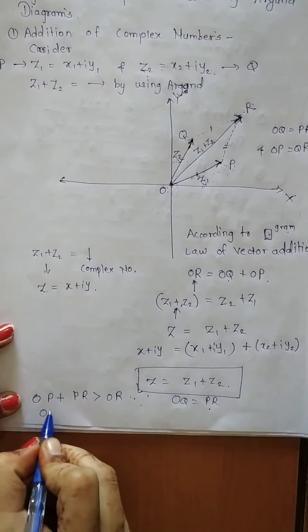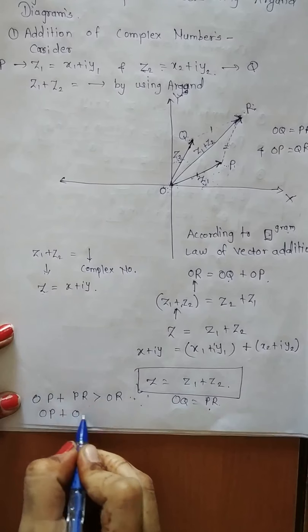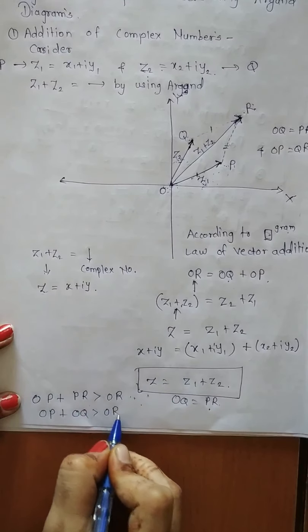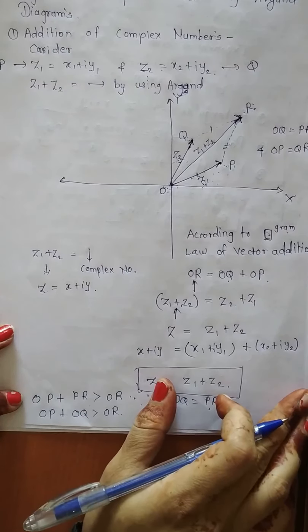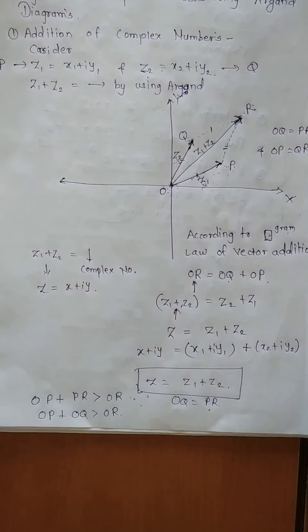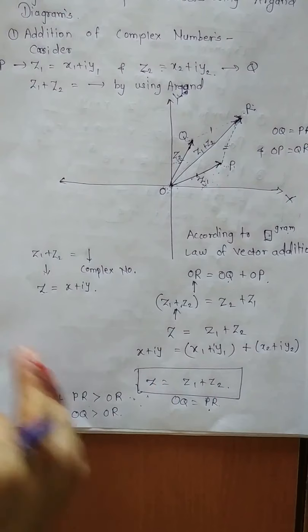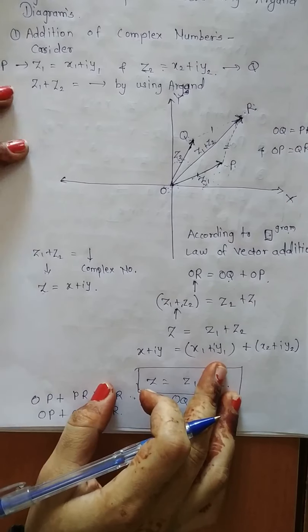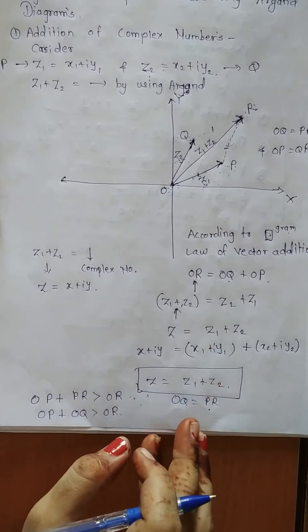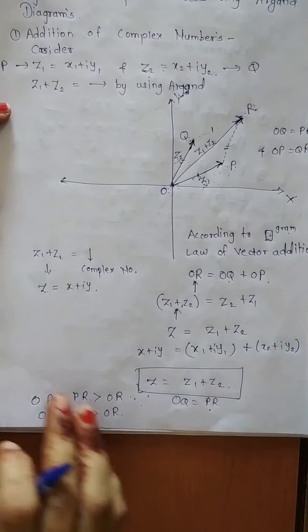So I can write OP plus OQ will be greater than OR. So the length of a side on the Argand diagram is the modulus of the corresponding complex number.